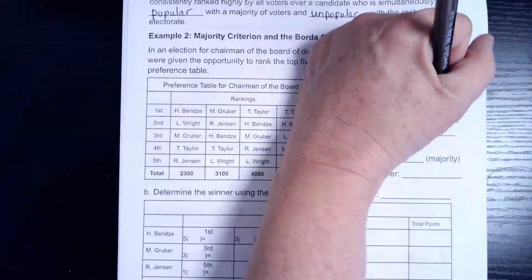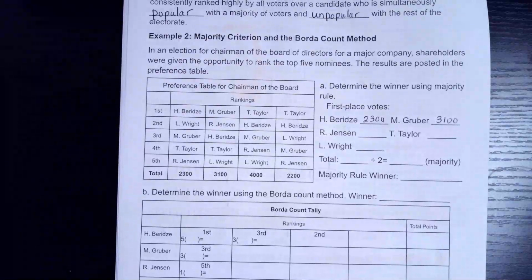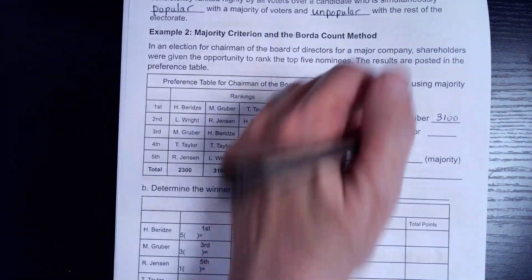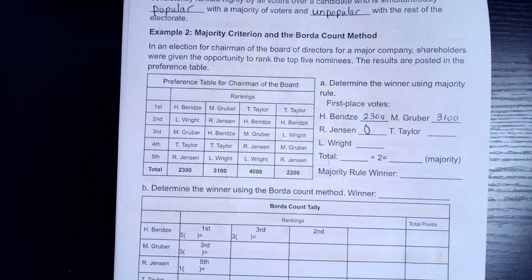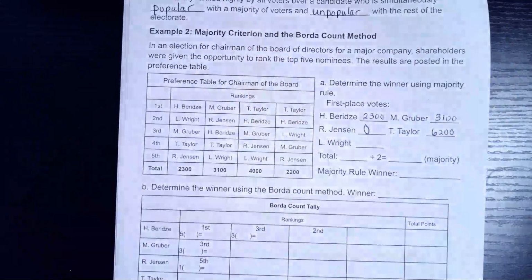Oh, Bereeds is not going to get the majority, is he? What about T. Taylor? Jensen got nothing for first place. T. Taylor got 6,200, adding those together.